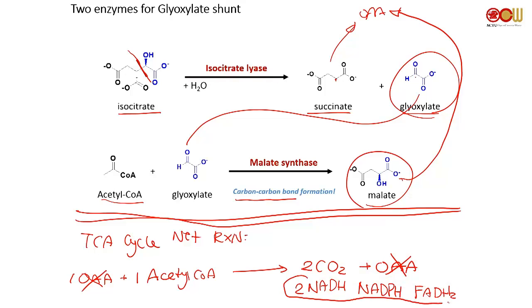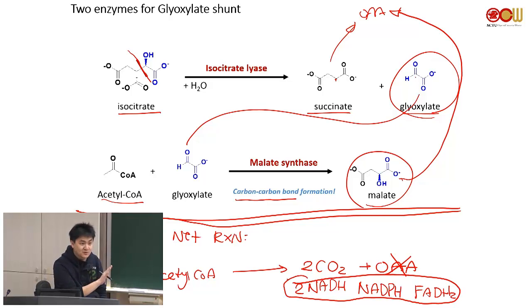Before we leave, real quick, how many electrons is this? I have 4 molecules: 2 NADH, 1 NADPH, and 1 FADH2. So 8 electrons sounds right.